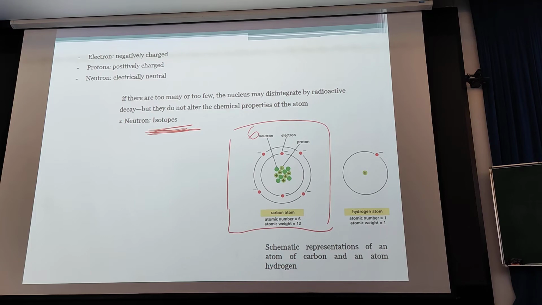We talk a lot about molecules, elements, and atoms. So what is the difference between them? They are the building blocks of matter. So what is the difference between atom and element?